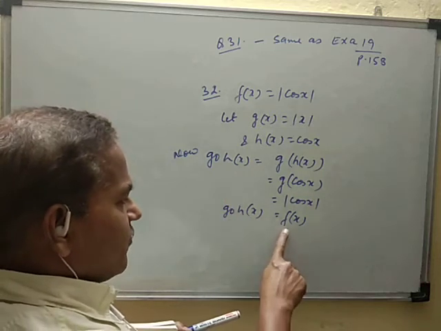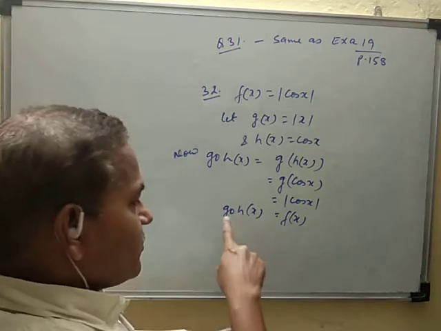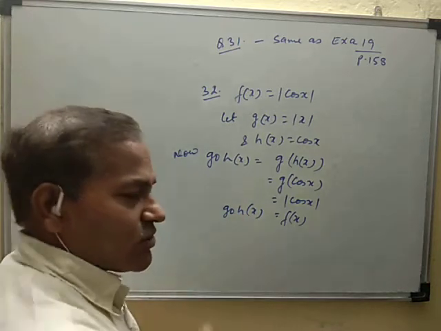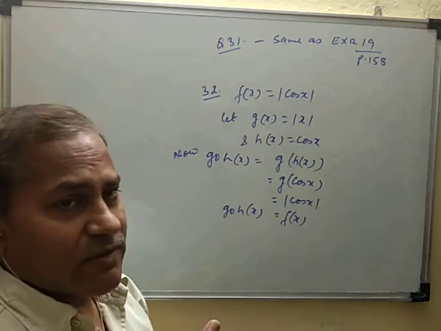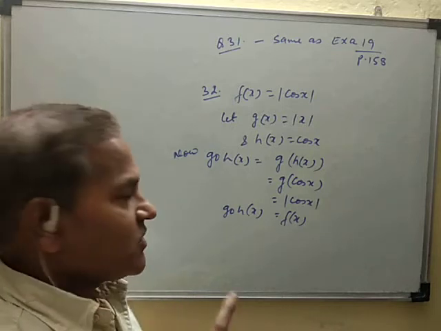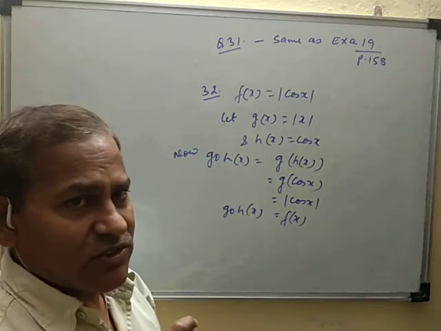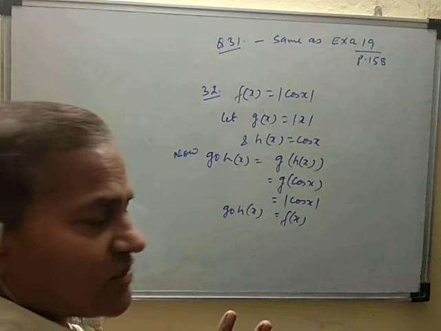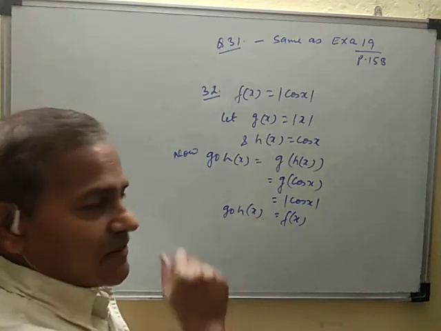So that f of x is continuous, we have to show that g composition h is continuous, and the point is not given. So suppose c is any point of the domain of the given function. So that this function is continuous at c.